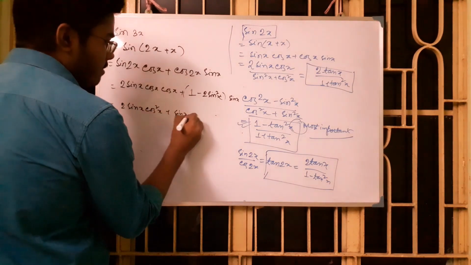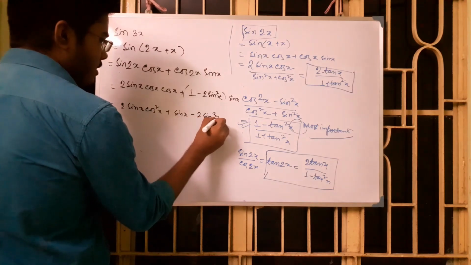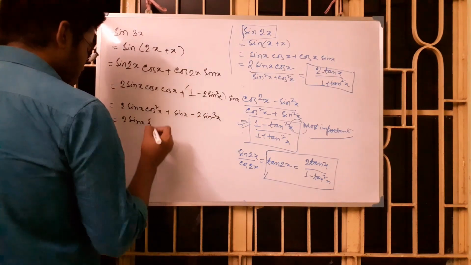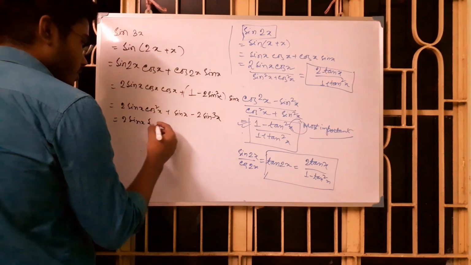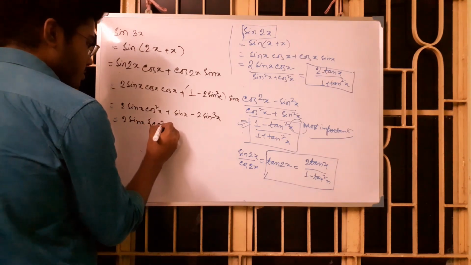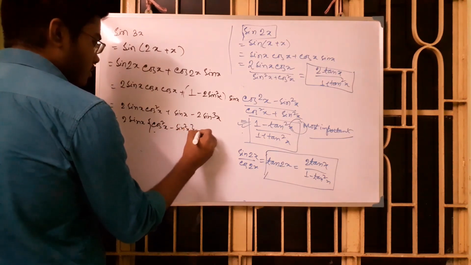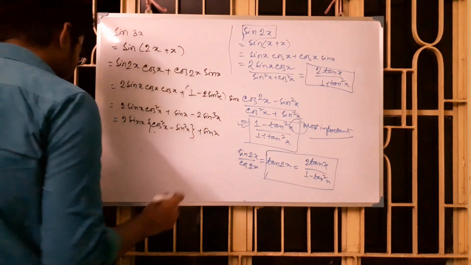Then what will happen? Cos square x minus sin square x plus sin x.